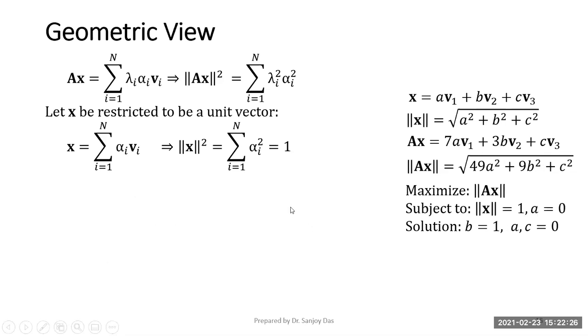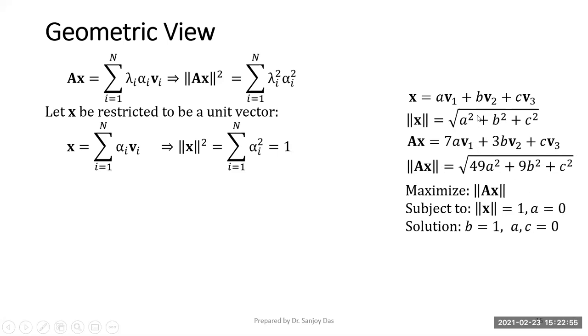Now, so this is what we have. Now let's look at this problem. This is our x, and we are restricting ourselves to unit vectors. Ax is equal to 7a v1 plus 3b v2 plus c v3, so its length is the same as before. Now we want to maximize Ax subject to x being a unit vector, but with a being equal to 0.